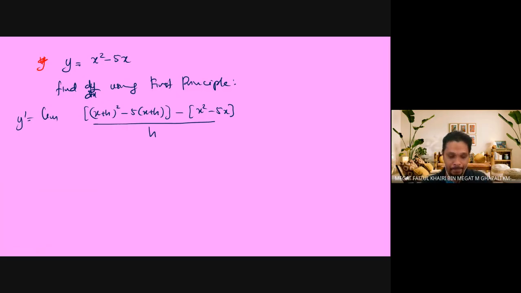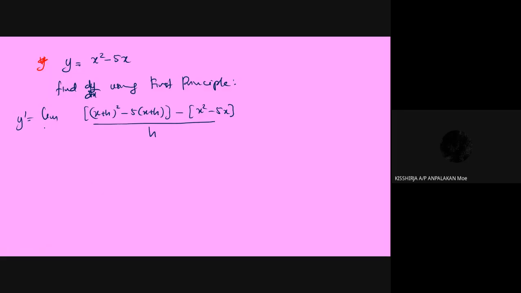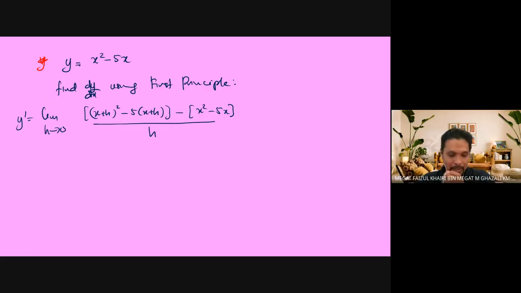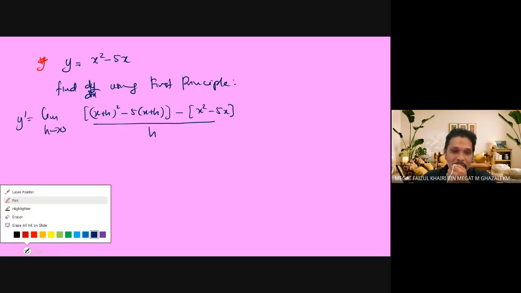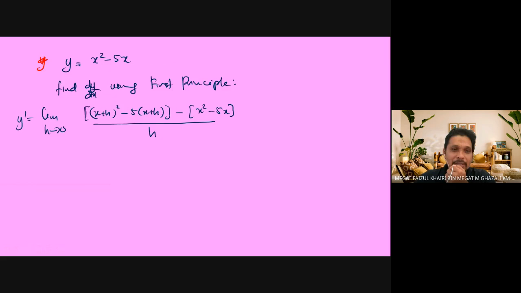Okay, you still with me? Okay, limit h approaching 0. What you did in the pictures you sent me is all correct, but just a suggestion: for the first time, please separate these two with brackets. This is for f of x plus h, and this is for f of x.